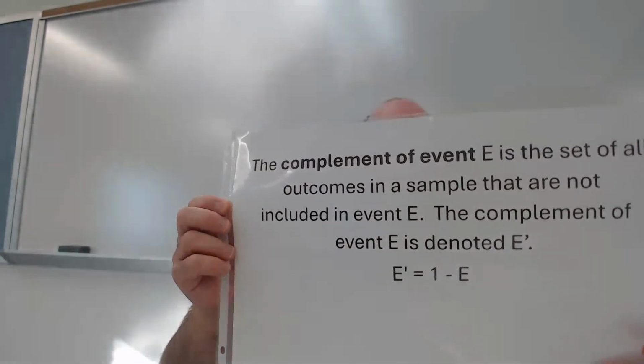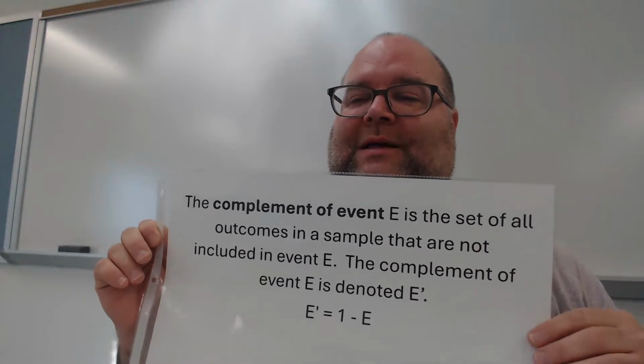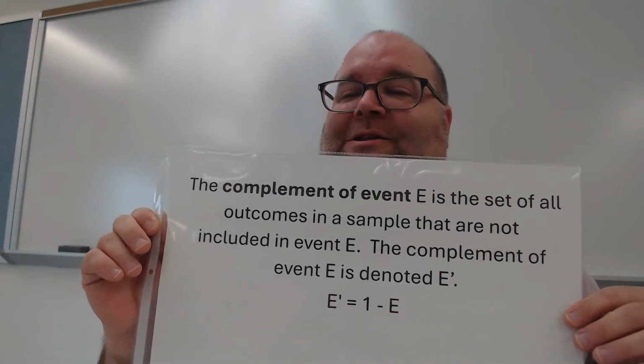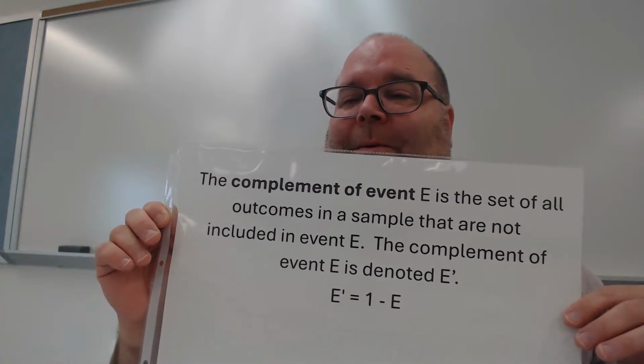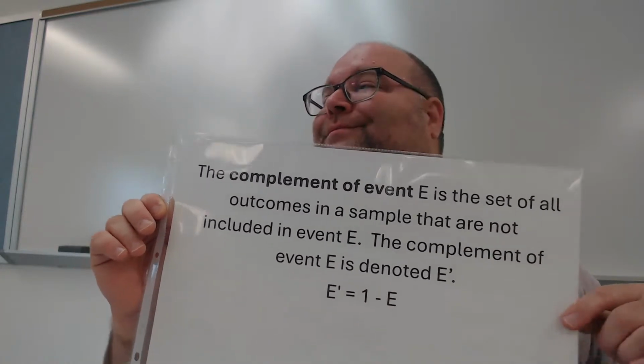Since an event either can happen or has not happened, we have what we call the complement of an event. It is the set of all outcomes in a sample space that are not included in event E. The complement of event E is denoted E prime.